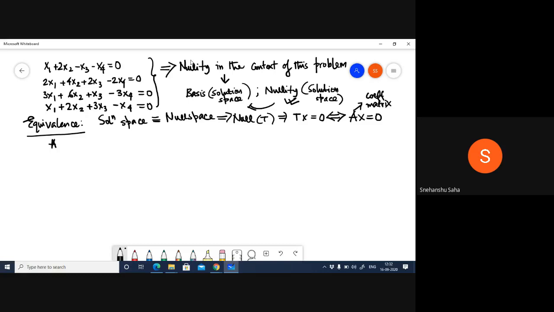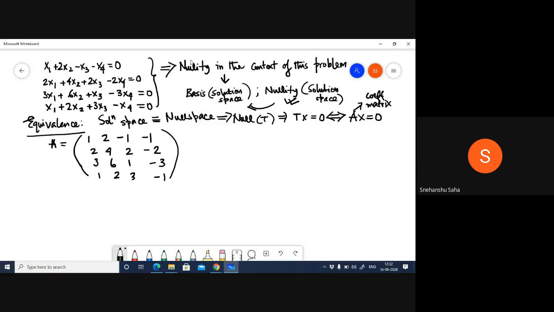So your matrix A is nothing but just the coefficients of it: 1, 2, -1, -1, 2, 4, 2, -2, 3, 6, 1, -3, and 1, 2, 3, -1. Okay, all right.